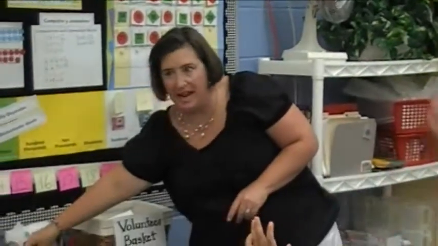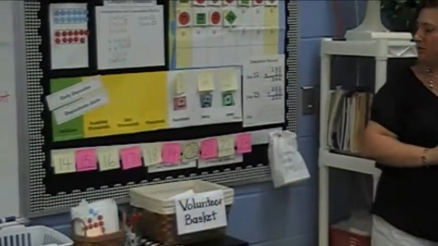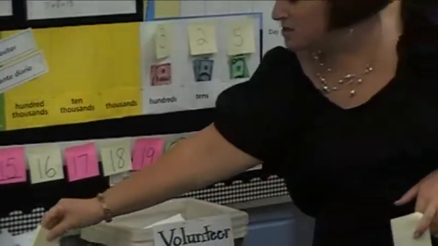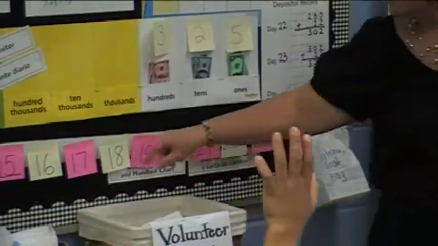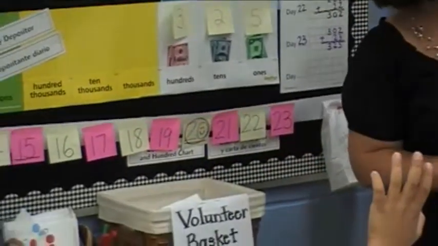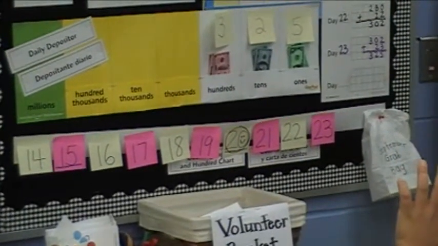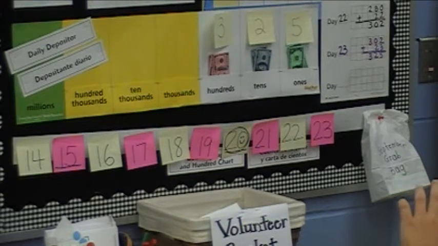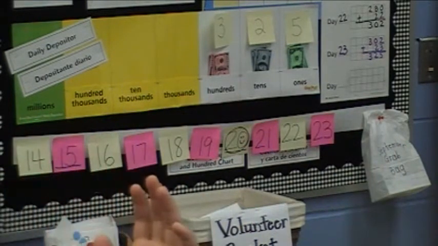Yesterday was the 23rd day of school. What day will today be? 24th day. Should I have it underlined? What numbers on our counting tape are underlined? Remember? No? Okay, ask somebody for help. Point to somebody that you want help.